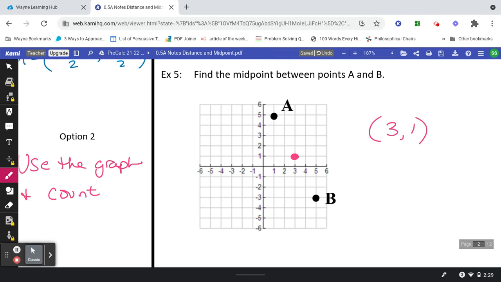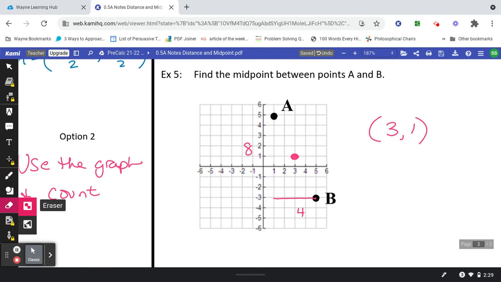If not, here's how I like to think about it. To get from A to B, I walked down, how far? 8. And over, how far? 4. So if you want to go just halfway, you would walk down 4 and over 2. You would just do half of that distance.